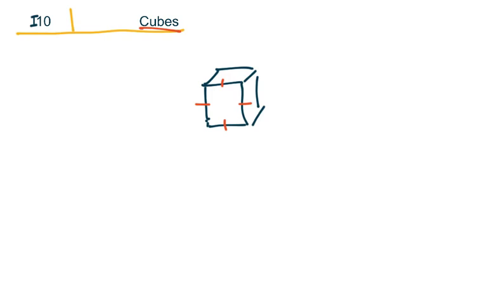But let's say that side length was 1 inch. Therefore, if this is a cube, every single edge is exactly 1 inch, and that would be classified as a cube.